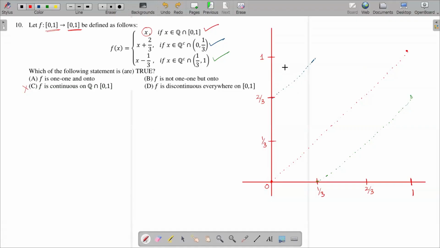Actually, horizontal line only. You have to look at all horizontal lines, and whatever line you draw, if it is drawn at a rational, then it will cut here, and if irrational, then it will also cut somewhere on this line. Correct. It has to cut. So yes, it is 1-1 as well as onto.